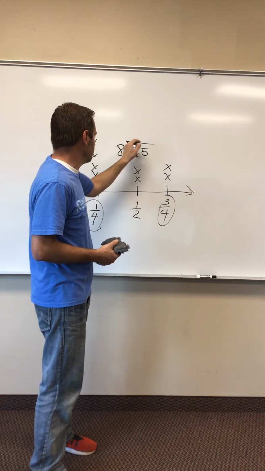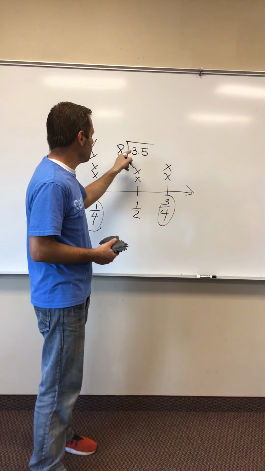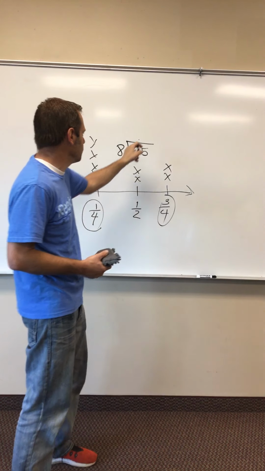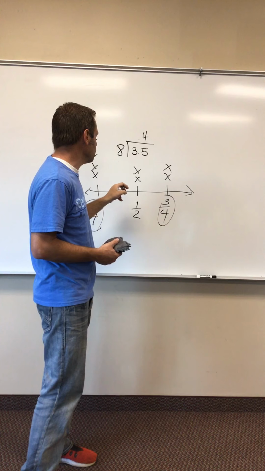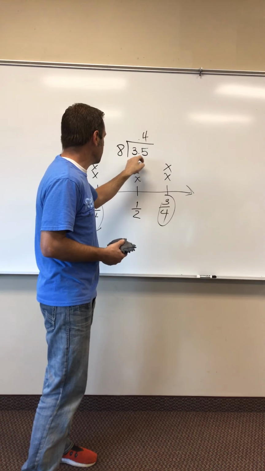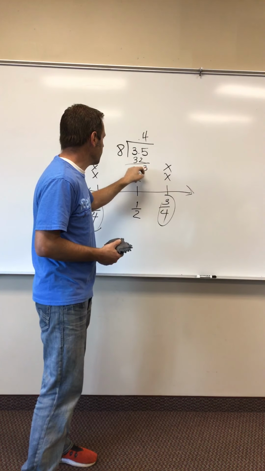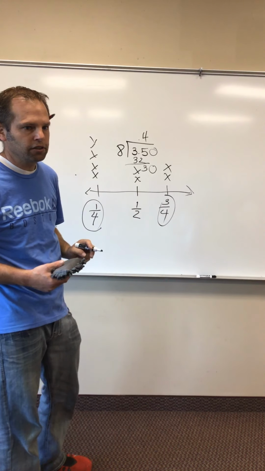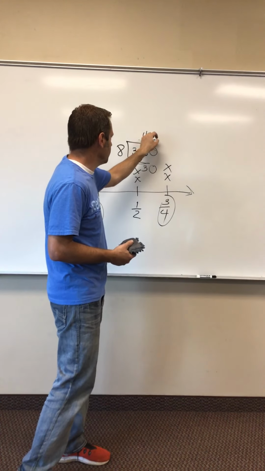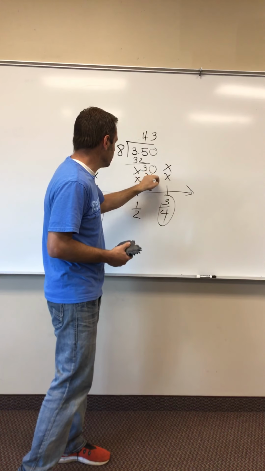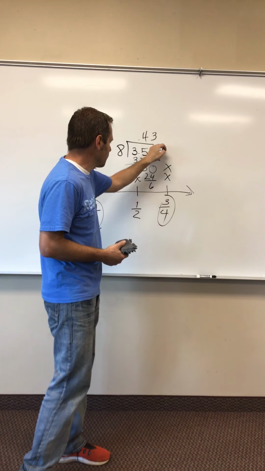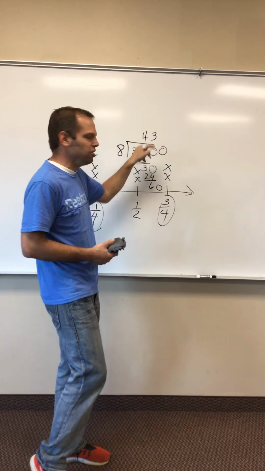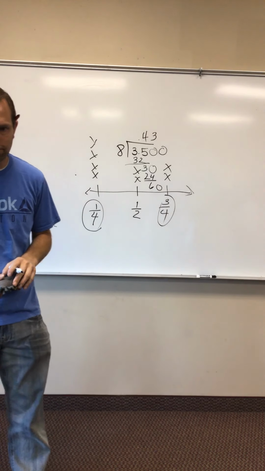8 does not go into 3, so let's see, 8 goes into 35. I know that 8 times 4 is 32. I have 3 left over, add a 0. 8 goes into 30 three times, which is 24. 6 left. You can keep carrying that out, but you really only need to go out 2 spots.